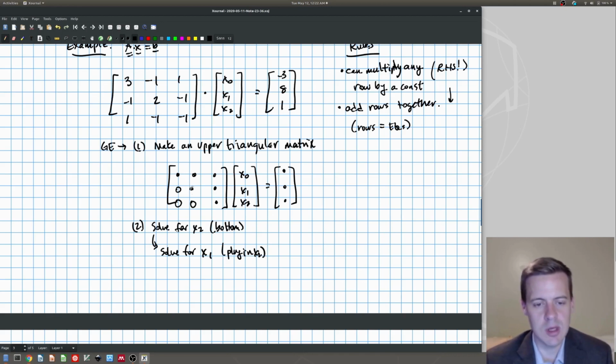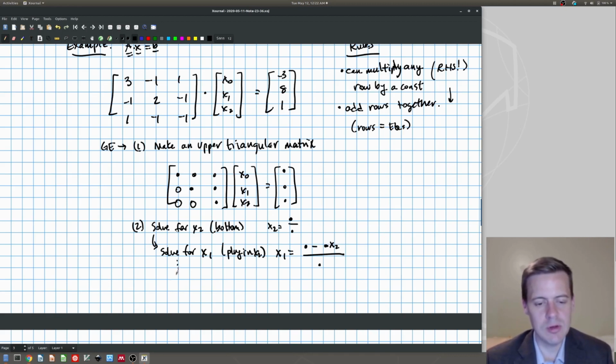So now I have something times x1 plus something times x2 is equal to something. Well, now I know x2, so I can subtract that over to the right-hand side and solve that one. So x1 is going to equal something minus something times x2, divided by something.